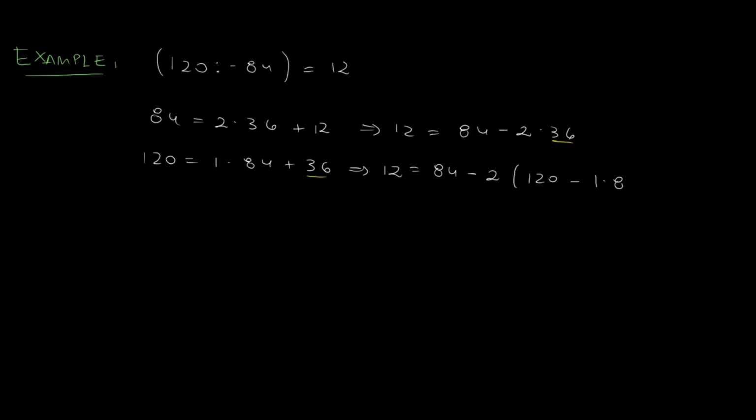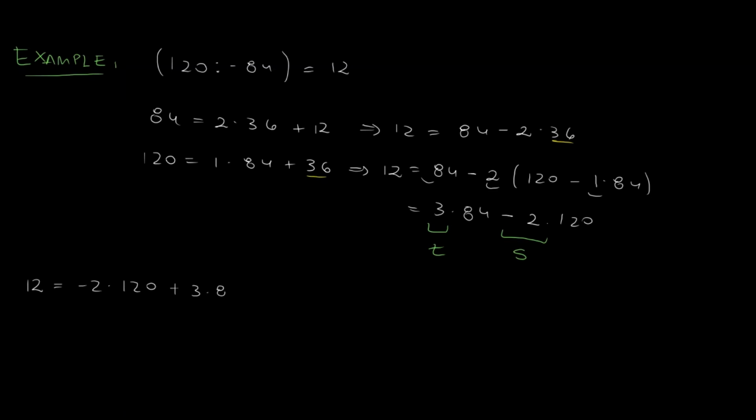We can rewrite this as 3 times 84, because we have 1 here and 2 times 1 here is 3 times 84, minus 2 times 120. So with the theorem we just proved, we get that 3 is our number t and minus 2 is our number s. We can write 12 as minus 2 times 120 plus 3 times 84.